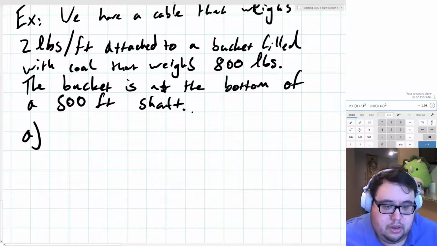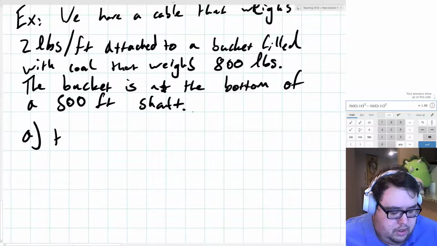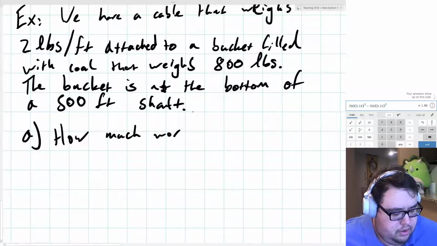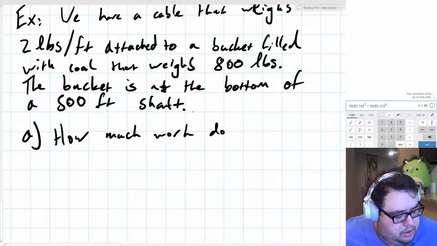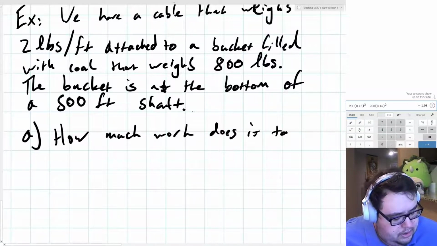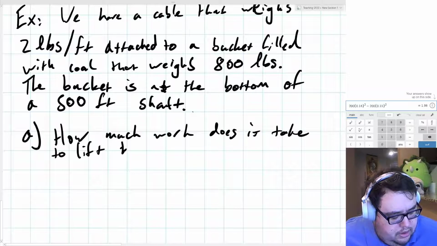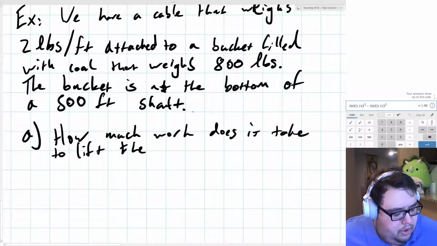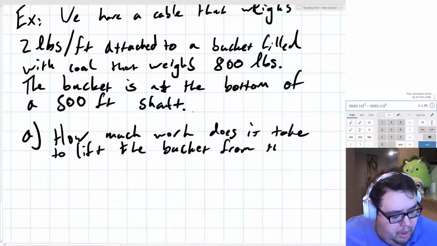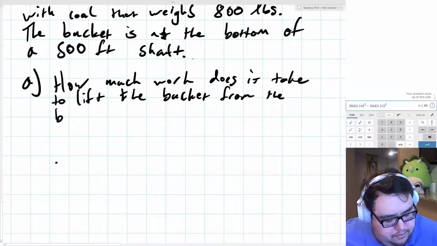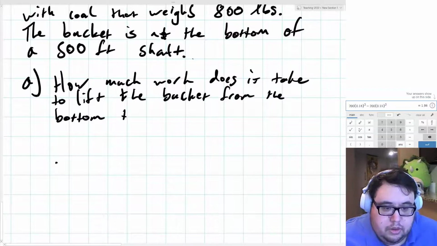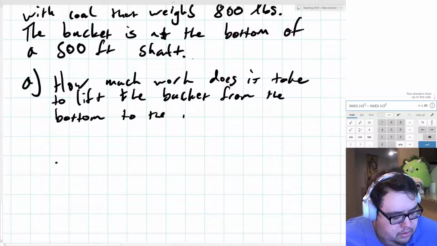A, how much work does it take to lift the bucket from the bottom to the midpoint?